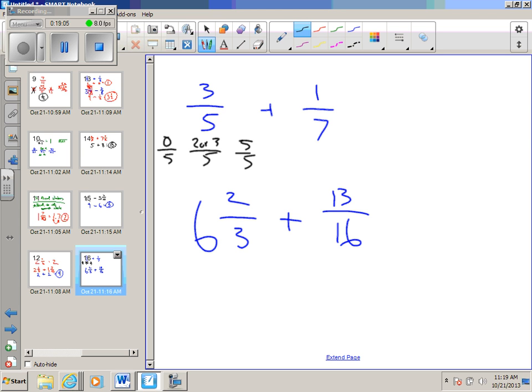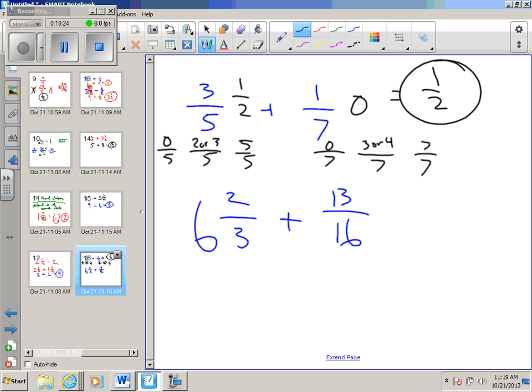Okay, so what is that? 0, half, 1. Half plus 1/7 is 0/7, 3 or 4/7, or 7/7. So half plus 0, half. Yeah, we got half for that one. Yes, good.